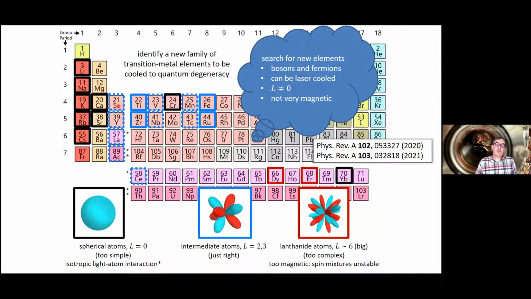So we think this is a really big deal. I think if we can introduce these atoms into the ultracold realm, a lot of interesting physics will follow, some of which I'll point to at the end of this talk. But certainly, I think new things will come out of it. So we have an experiment underway right now to try to laser cool titanium as the first example of carrying out this idea.